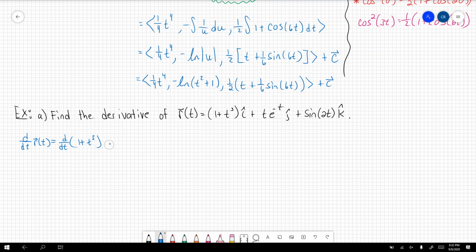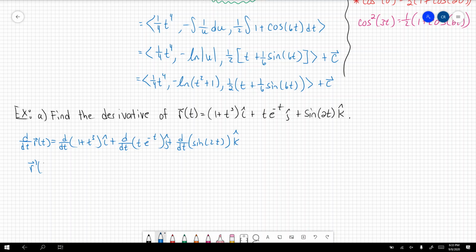That's the i component, plus the j component, which is the derivative with respect to t of t times e to the negative t, plus the derivative with respect to t of the last component, which is sine of 2t. So that's the j component and k component. There we are. So let's run through that process.